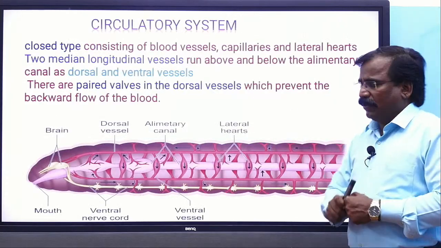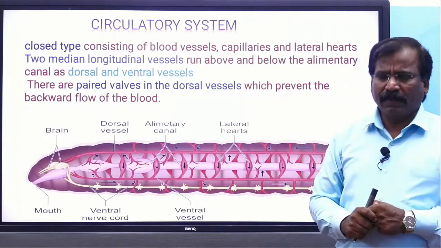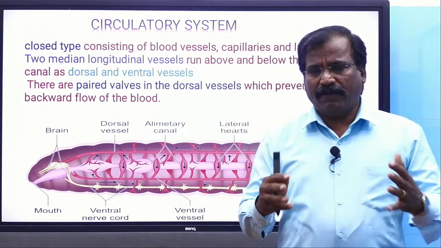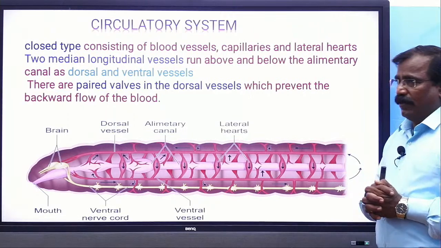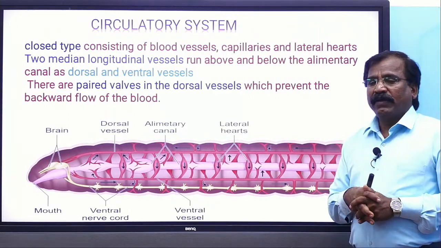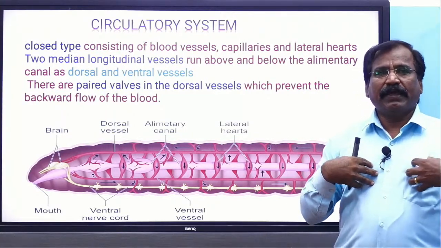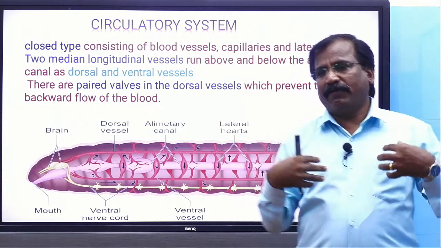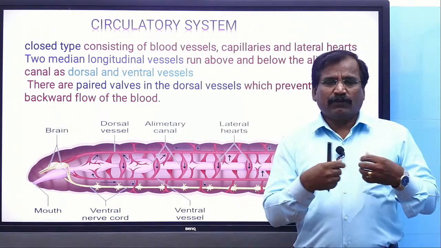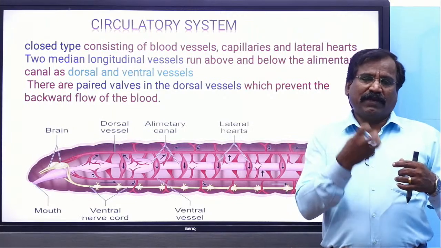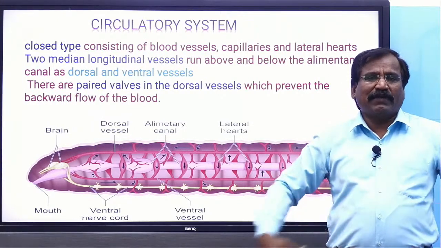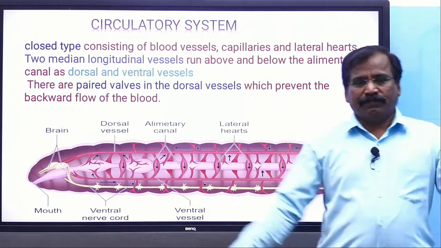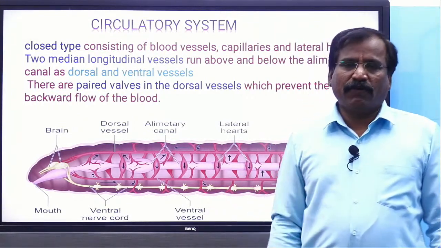Next is the circulatory system. What is circulation? In our body, the body fluid, particularly the blood, is pumped by the heart through the blood vessels and transported to all parts of the body.